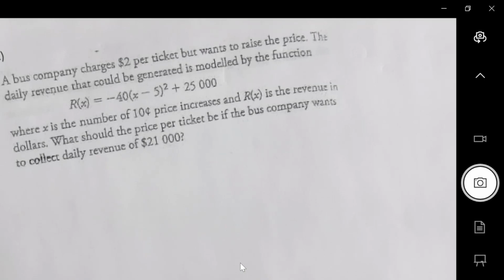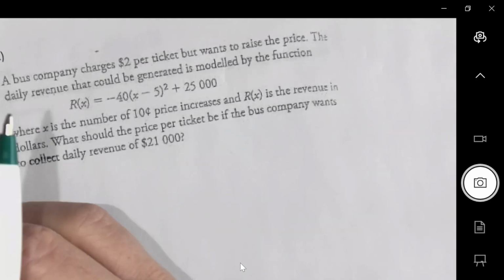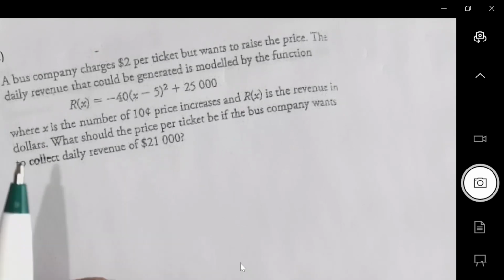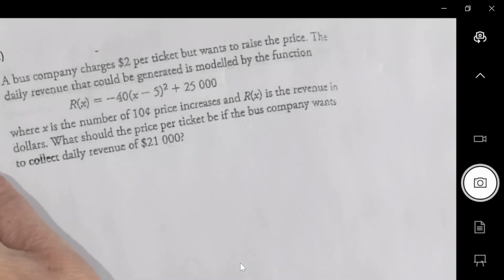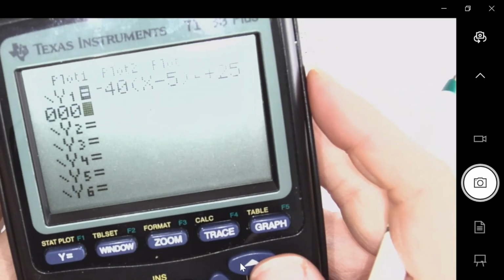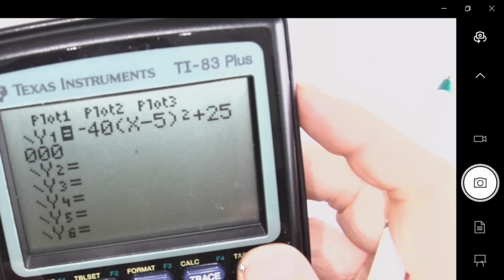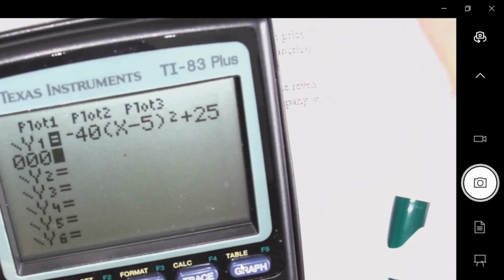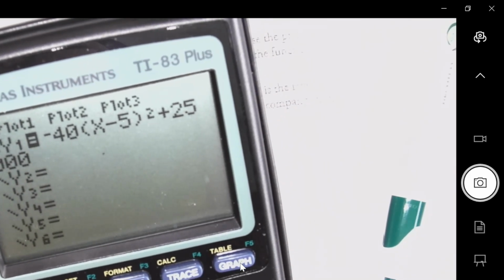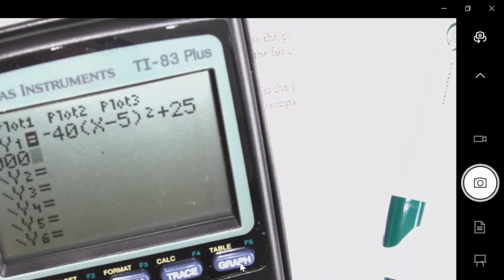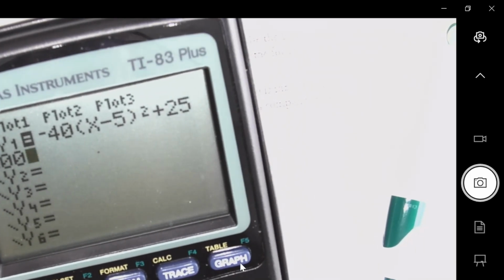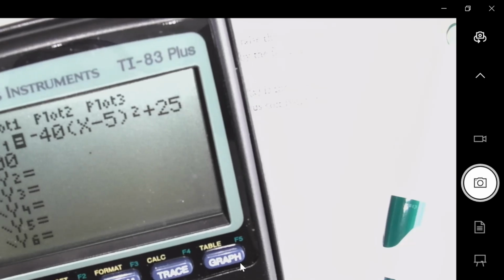So let's graph this thing. I'm going to have to really change my window, I think. So maybe just insert it and then we'll talk about our window.